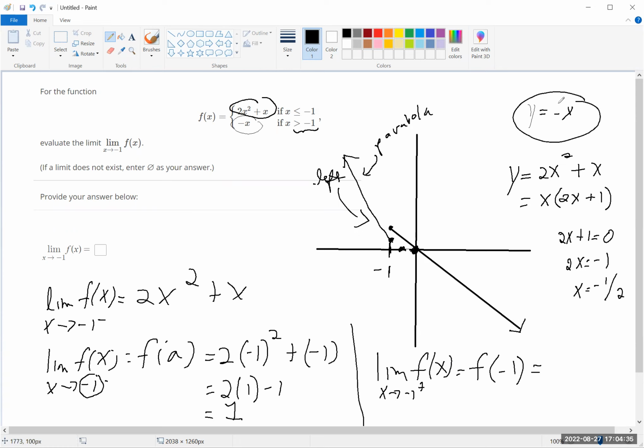I wrote it down over here, which is the same as this over here. So it's negative of negative 1, which is 1. So they actually have the identical limit. My picture was not very good because these actually do coincide. I don't know if that fixes things, but they do coincide. So in fact, the limit is 1.